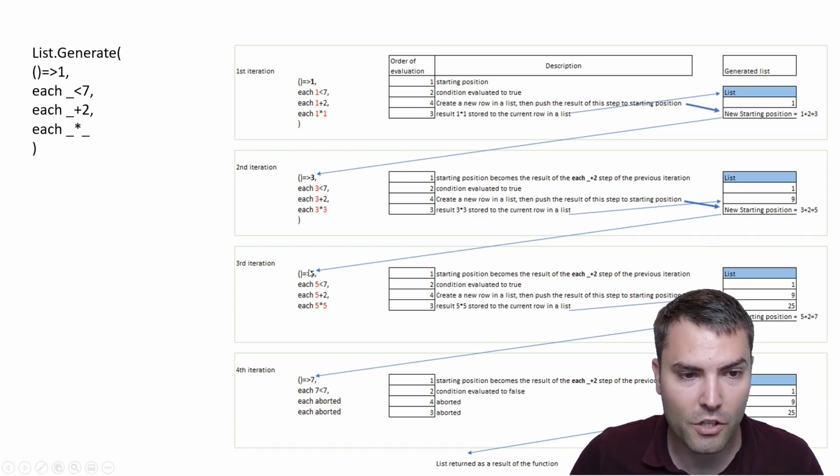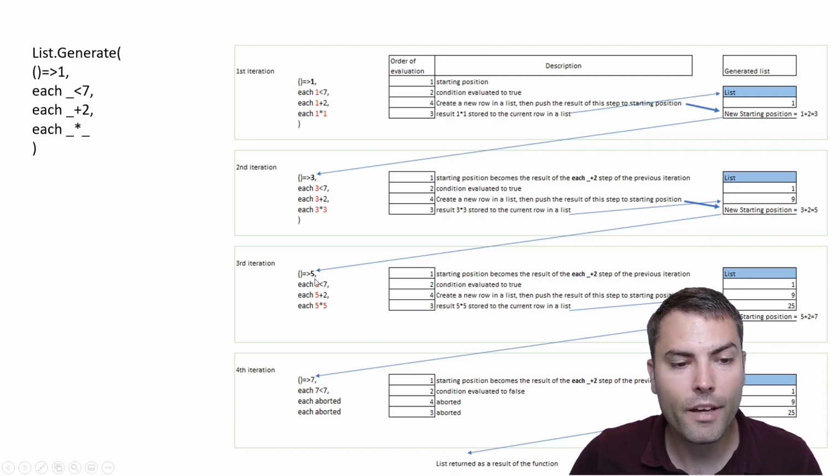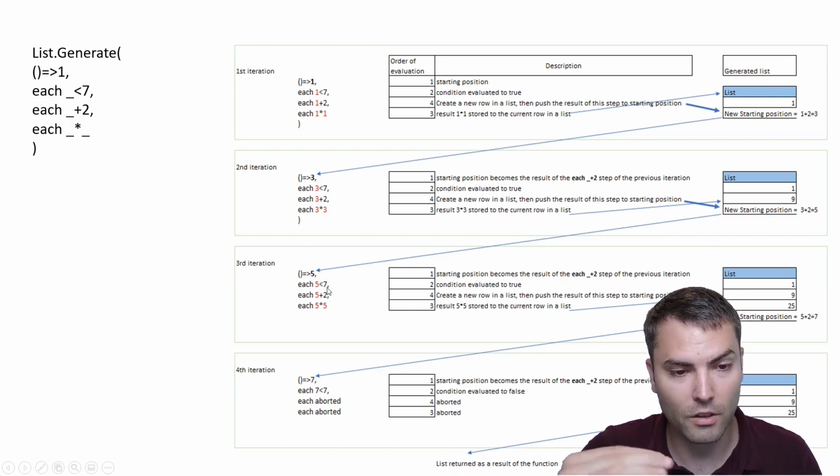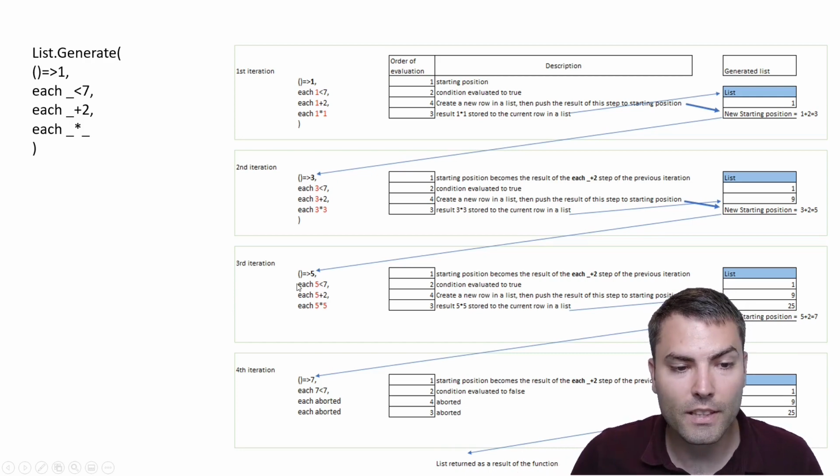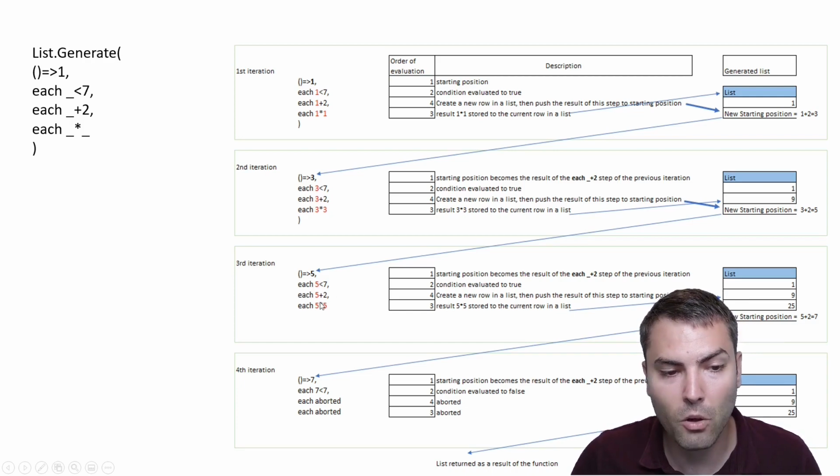In the third iteration, because of this argument, the starting point becomes 5, and 5 is entering into all these other arguments. The 5 is still less than 7, so the 5 will increment by 2, but the result will be altered by the optional argument and it will become 25.